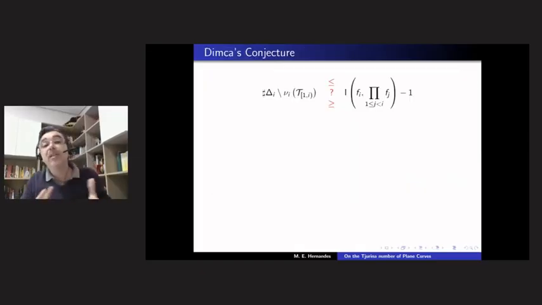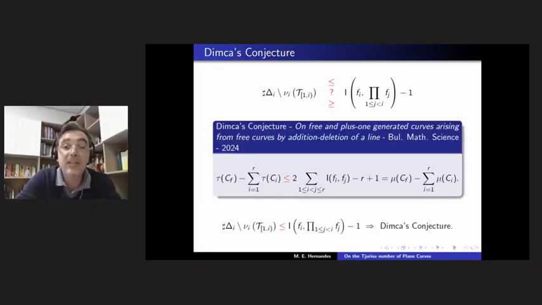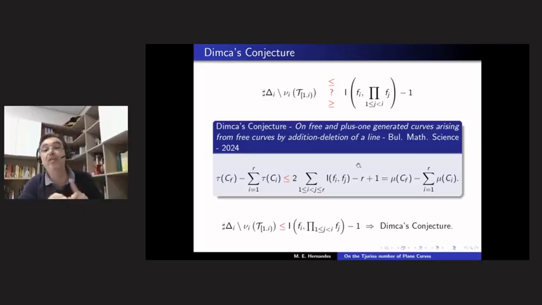And this kind of inequality, this question, is related to a Dimca conjecture. More precisely, Dimca asked about the difference between the Tjurina number of the reducible curve minus the sum of the Tjurina numbers of each branch, and the difference between the Milnor number of the curve and the sum of the Milnor numbers of each branch.